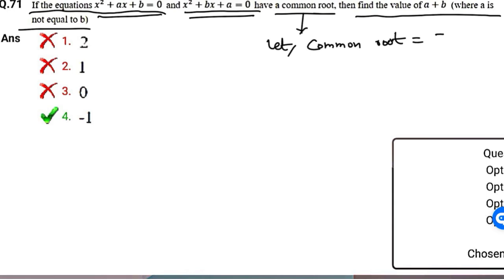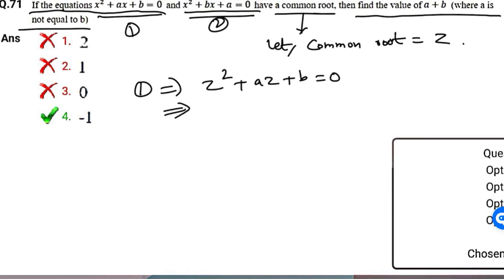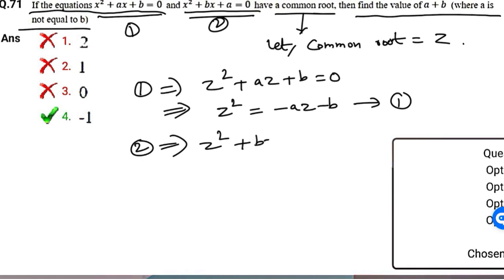So equation 1 becomes z square plus az plus b is equal to 0, which implies z square is equal to minus az minus b. Let it be equation 3. And equation 2 becomes z square plus bz plus a is equal to 0, which implies z square is equal to minus bz minus a. Let it be equation 4.